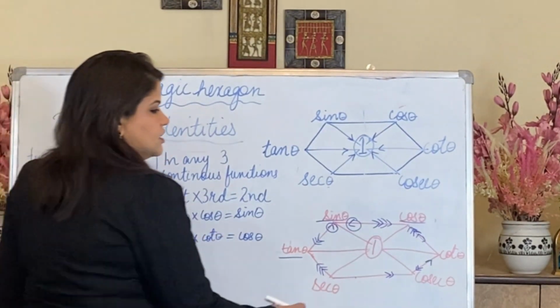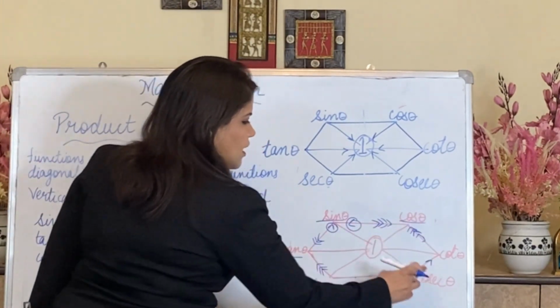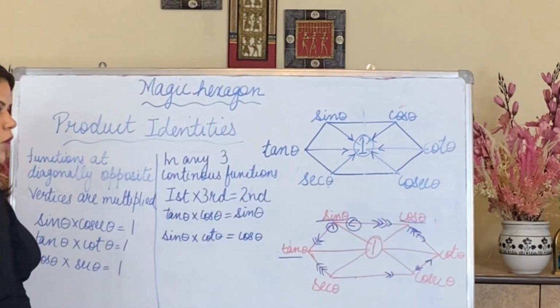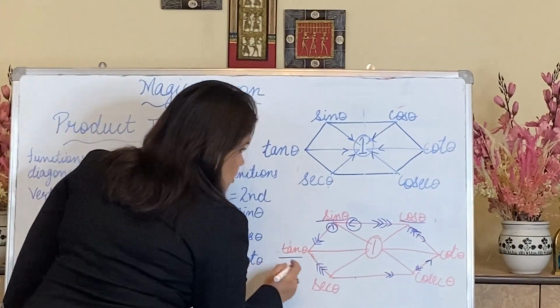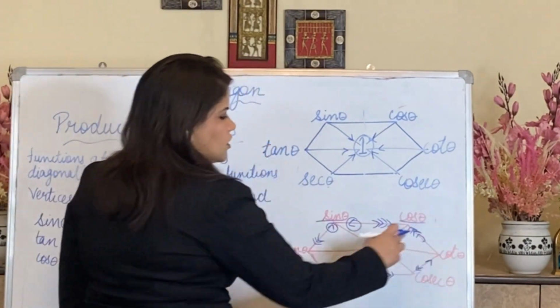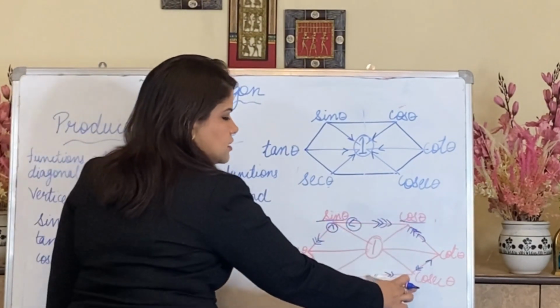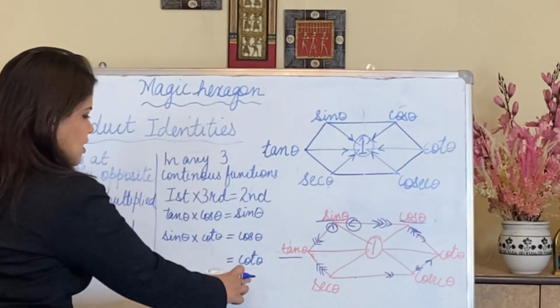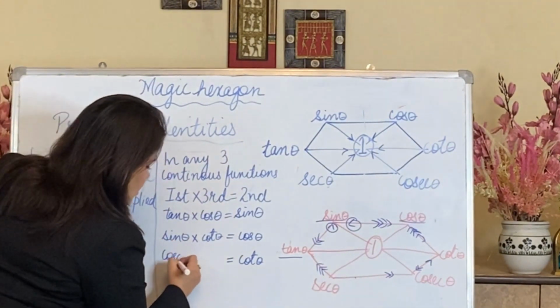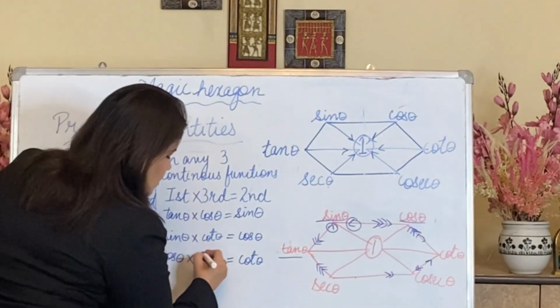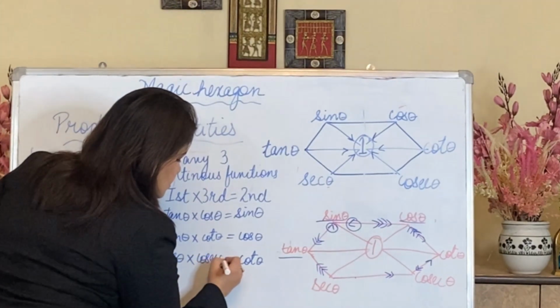Now in my next relation, I am taking cos, cot and cosecant. So what is the answer? The answer is cot theta. Why? Because in these 3 continuous functions, this is first, this is third and this is second. So second will come here, first will come here and third will come here: cosecant theta.